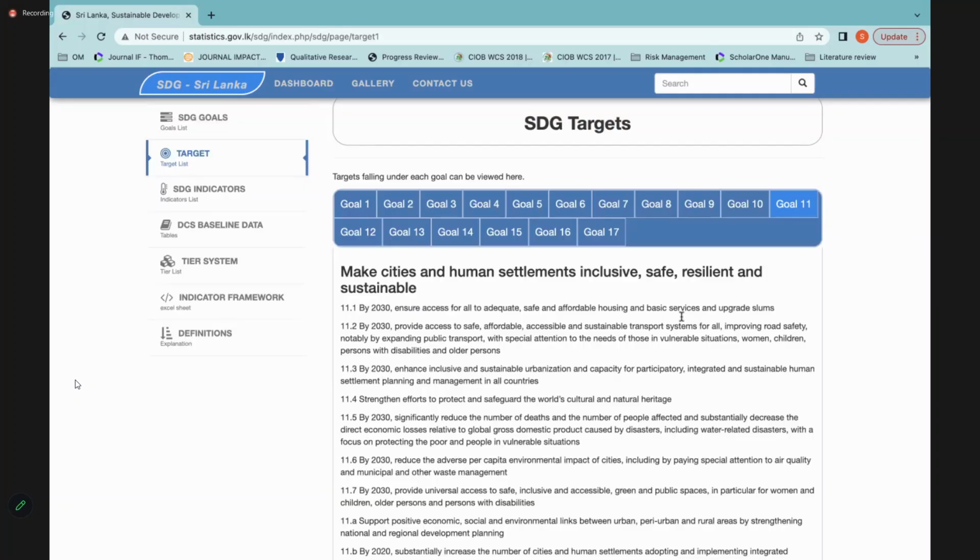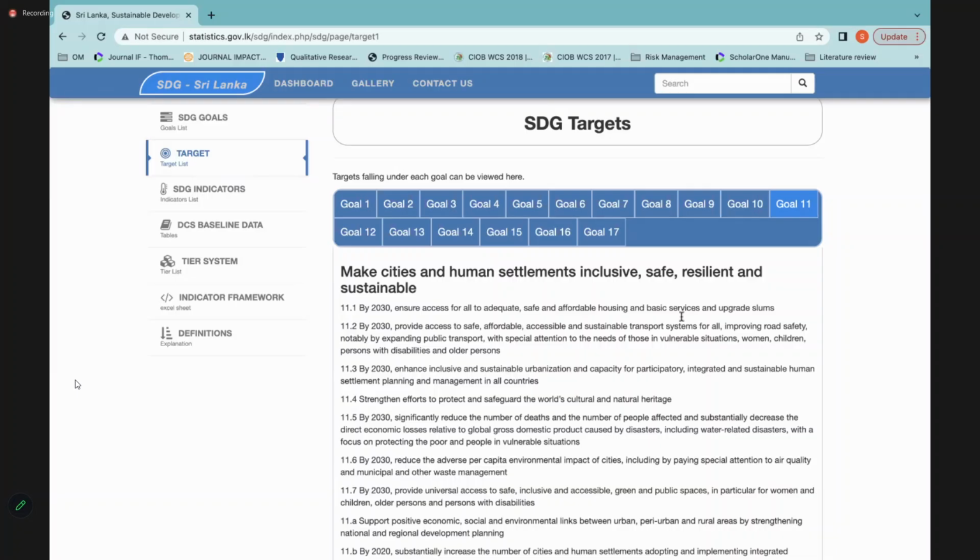But then how do we know whether we are reaching these targets? We have 190-something countries in the United Nations. Sri Lanka has agreed to work towards these targets. So how do we know that we are making progress? How do we know where we are doing well and where we are not? How do we know how we compare with other countries?